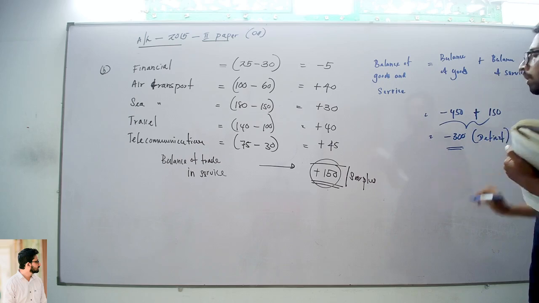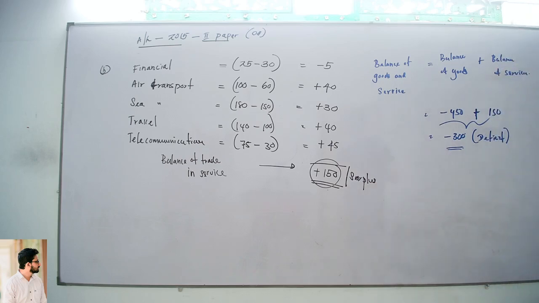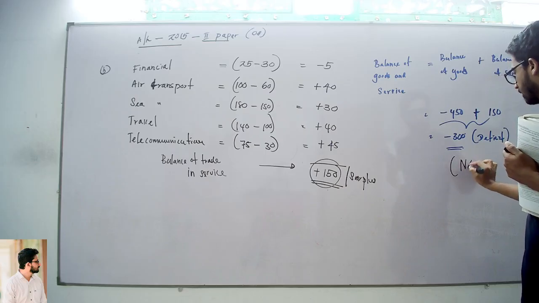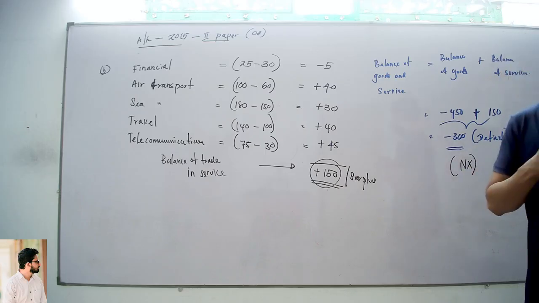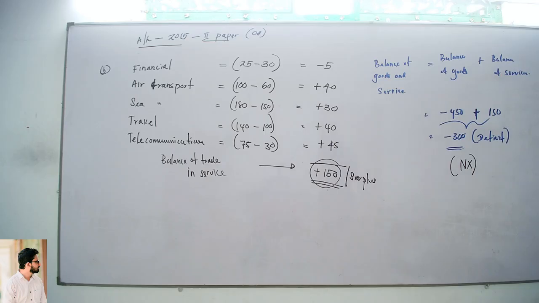Buddha, remember this one, this is a really important point. If you add balance of trade in goods and trade in service together, that is called net export. Net export means not only balance of goods account, but also service. This is a very critical point.